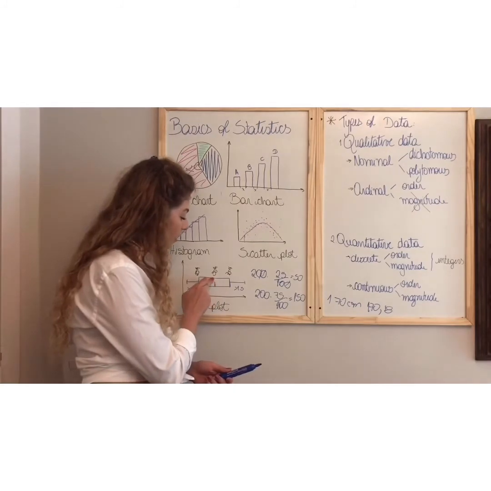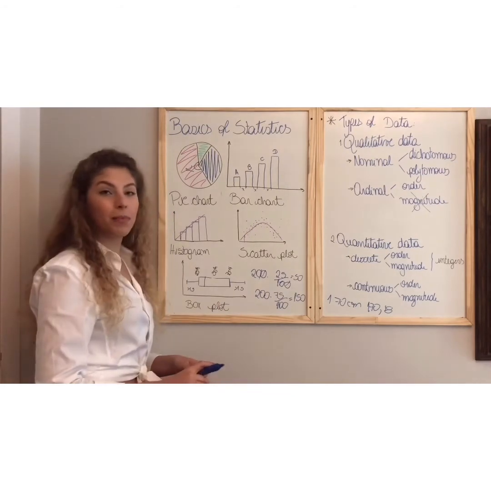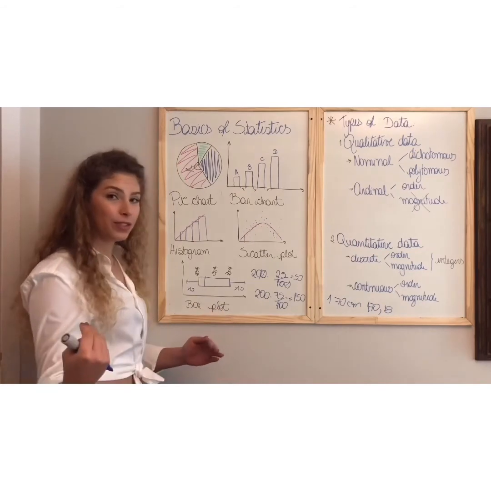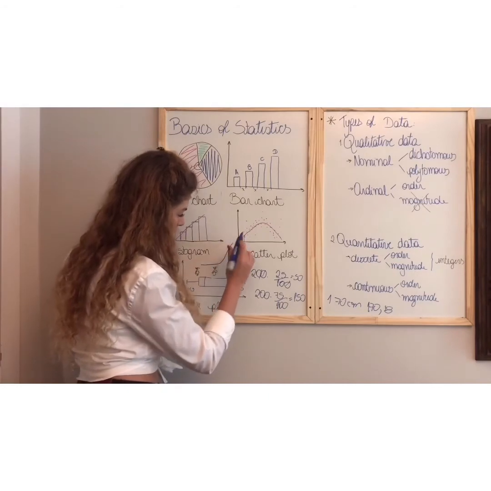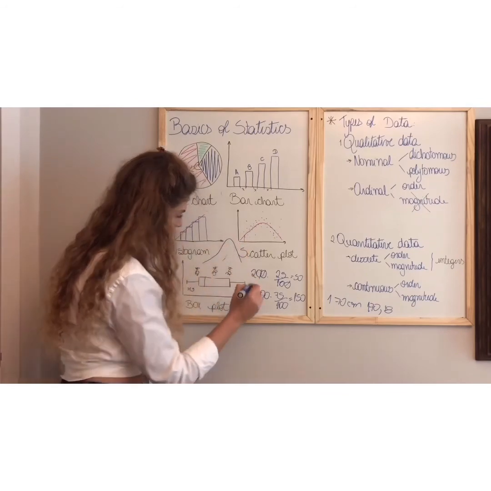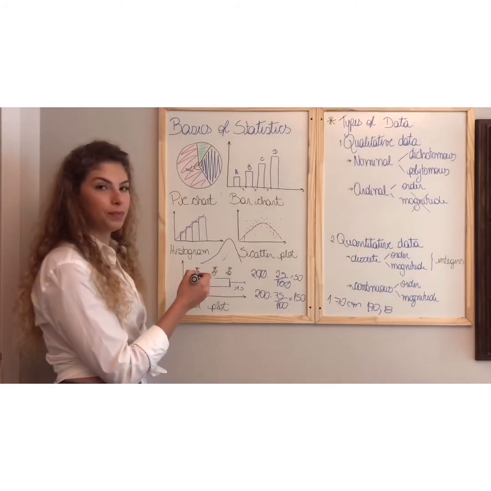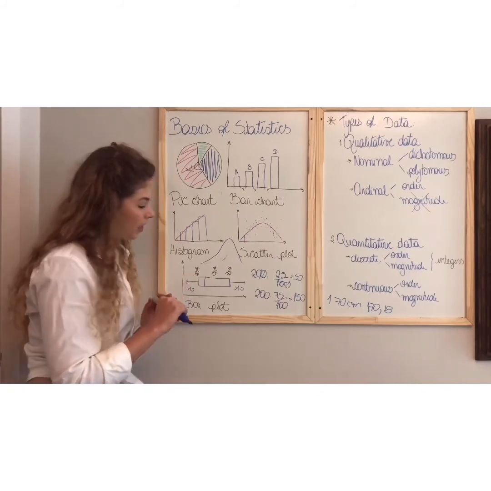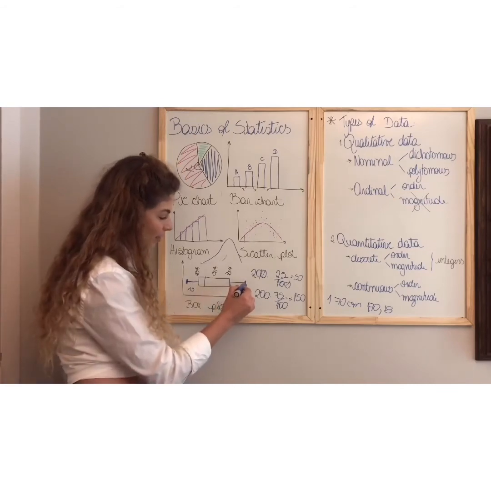But if it is not in the middle of the box, for example here, I can say that my data is skewed, so I have a median more to the left, a left-sided skewed data.